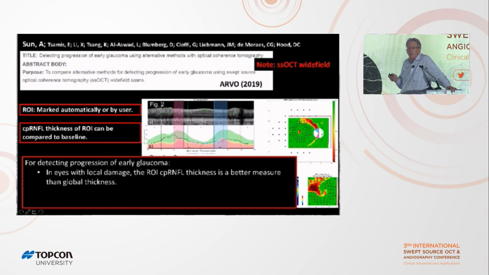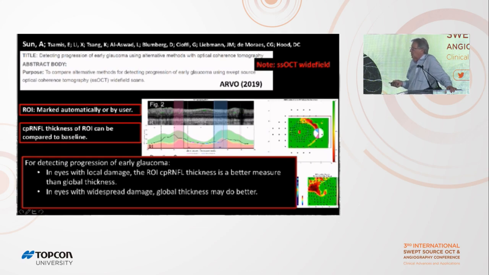By early glaucoma, I'm always going to mean a mean deviation on the 24-2 better than -6. So some of these subjects would be suspects in your hand, some would have early glaucoma. So in eyes with local damage, this region of interest approach was better measured than global thickness. And in eyes with widespread damage, we found that global thickness may do better. And that's not surprising. And at least at the moment, we're better off with the manual than the automated marking.